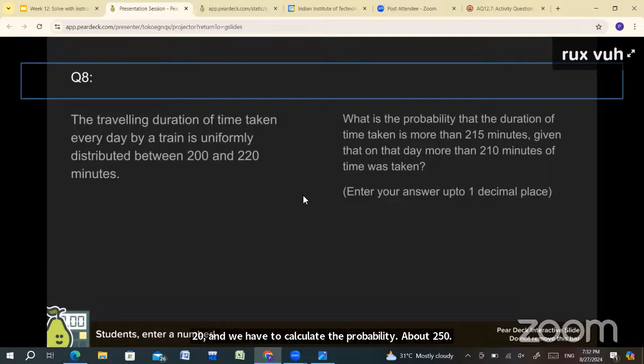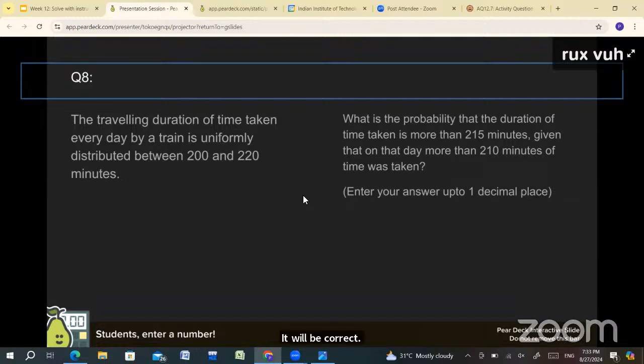So the distance is just half of the distance from 210 to 220 minutes. So it will simply be half the probability. Okay, so see, whatever you are saying, just formulate it and solve it. If you are getting the same answer, it will be correct.